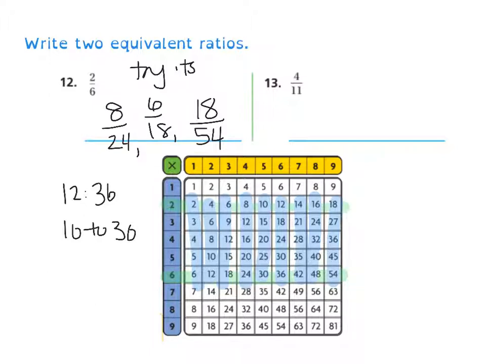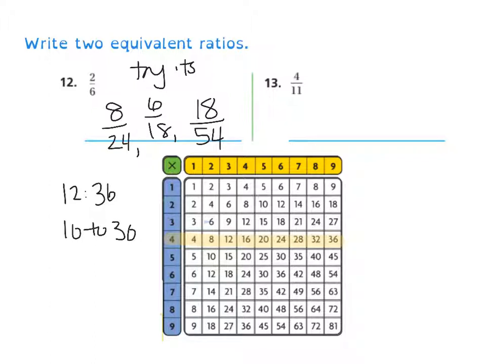Okay, let's do this other one over here, which I'm sure you guys already did, but I'll solve it real fast. 4 and 11. So I highlight the 4s. Oh no, I don't have any 11s on here.